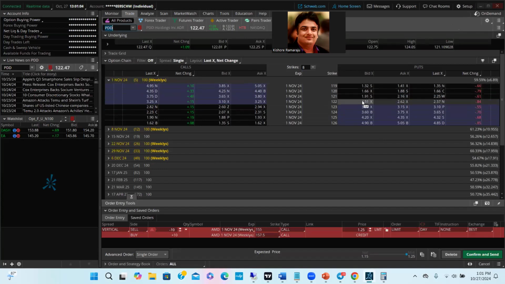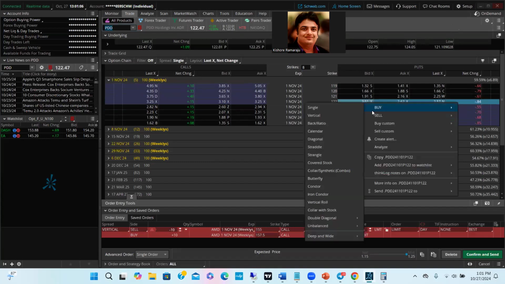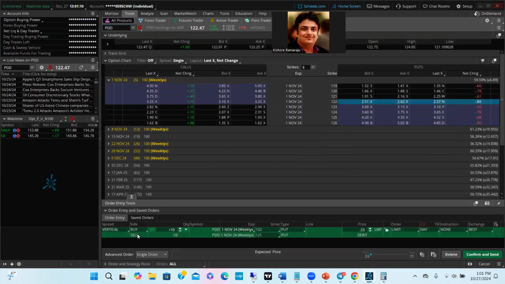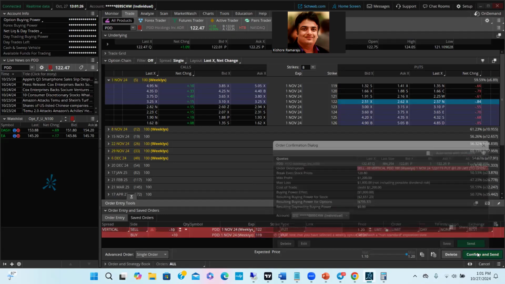Then you can go here, click on this, and say buy vertical. Always you will sell the higher strike and buy the lower strike. I am collecting around $120 for each contract. So you click on confirm and sell.